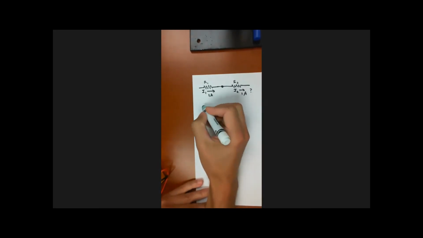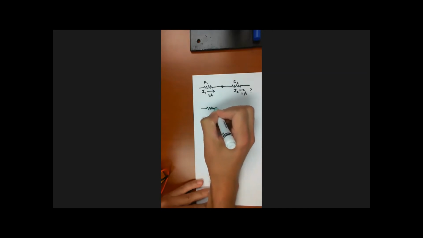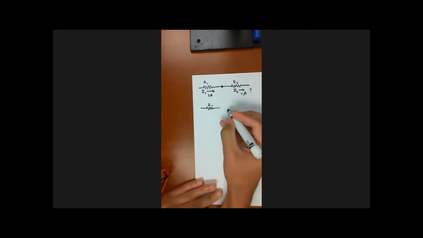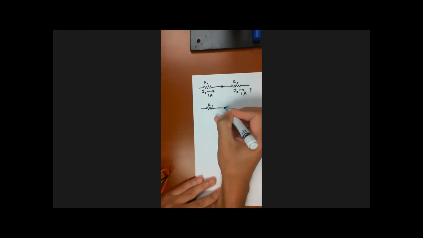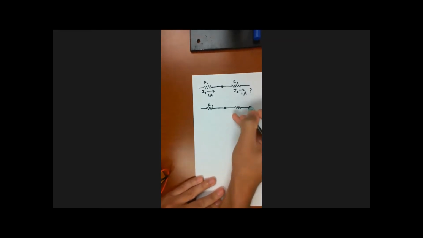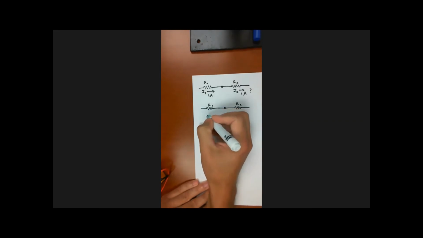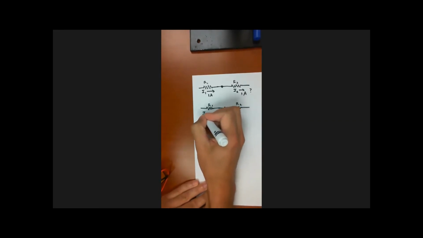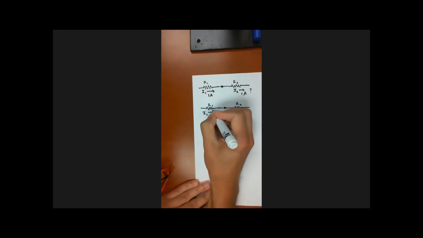I mean, it's almost too simple, right? But let's go just a tiny bit more complicated. Let's say now this is R1. This is still R2. And let's say I1 is still 1 amp.